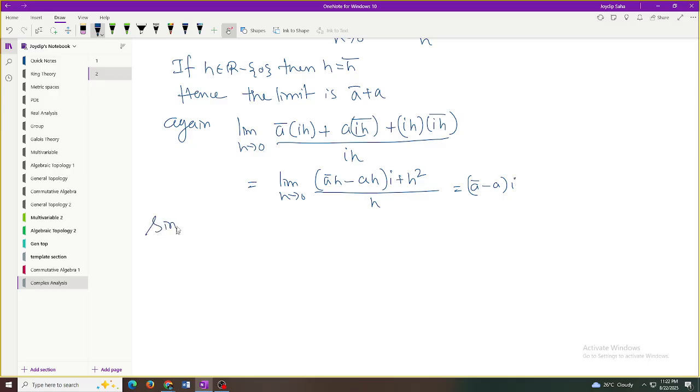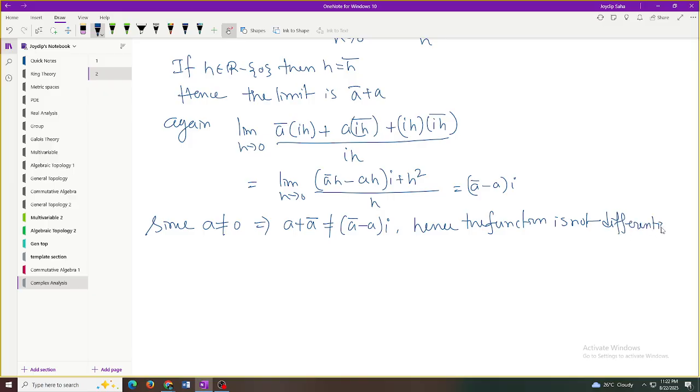Since this is not equal to 0, hence the function is not differentiable.